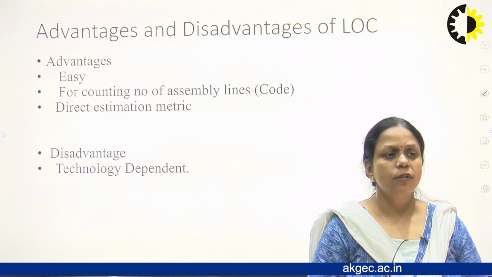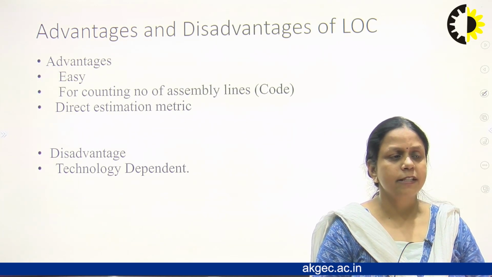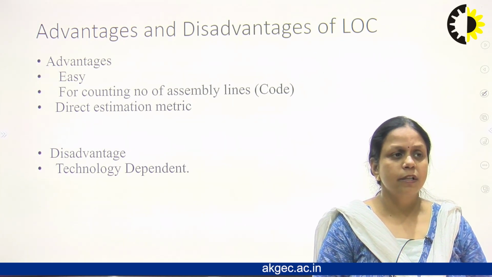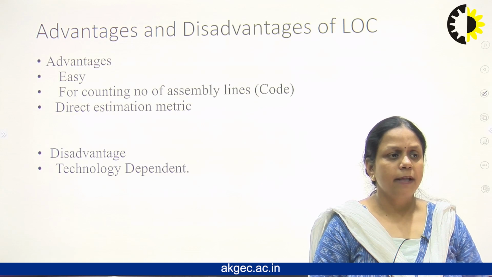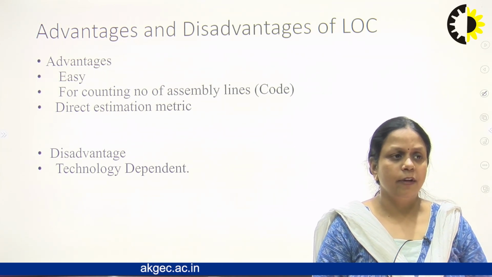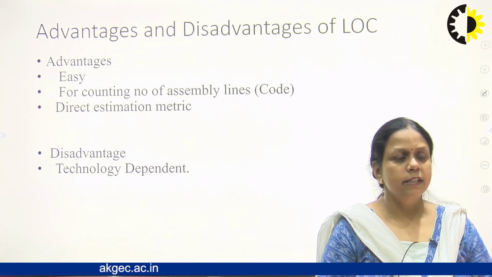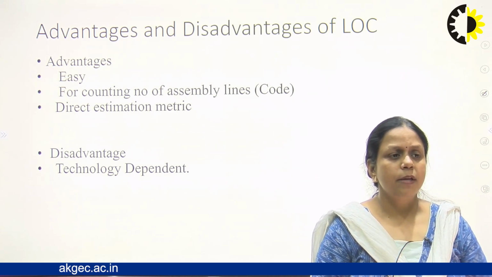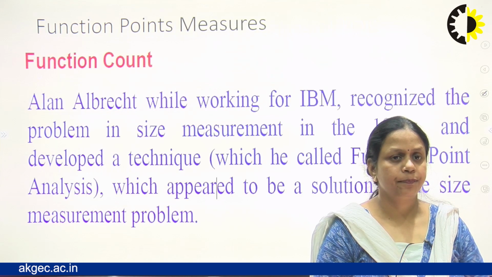The number of lines depends on the language: a program can be written in Python in only 3 lines, but in Java it can take 10 to 15 lines. So this technique is basically based on the technology only.